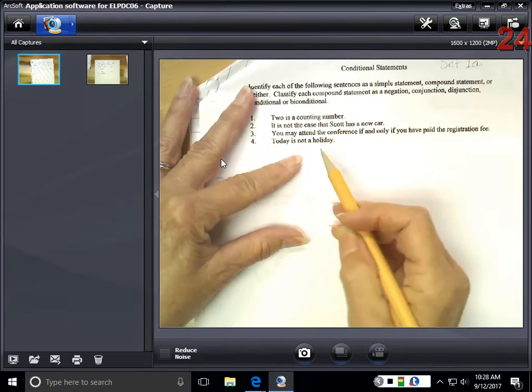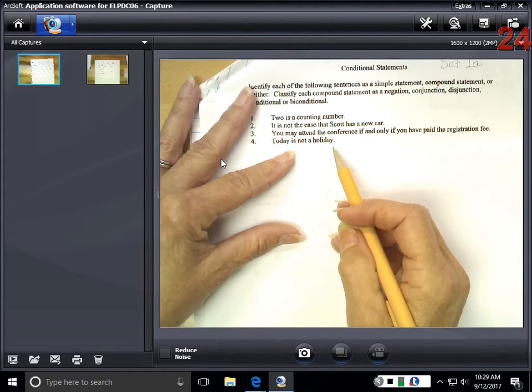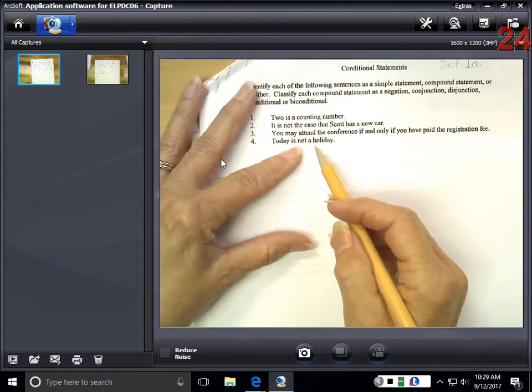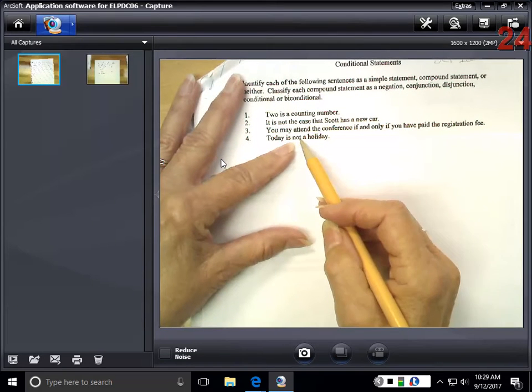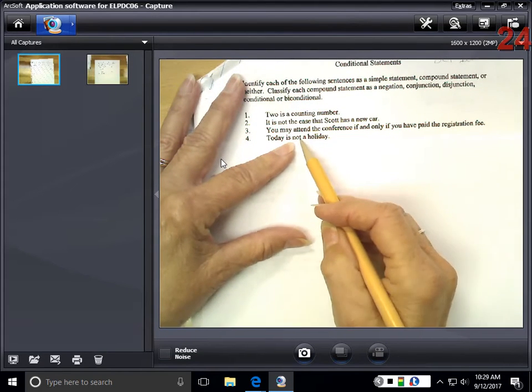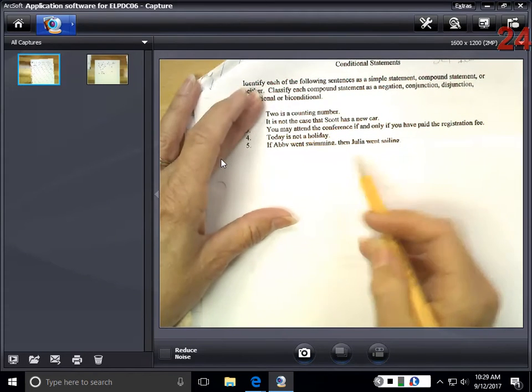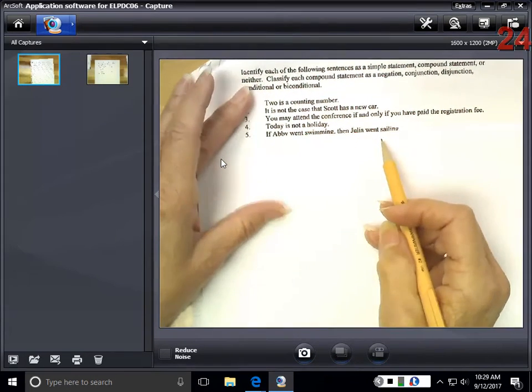Number 4, today is not a holiday. It has a not, so that makes it compound. Since it does have a not, it is a negation. So compound, negation for number 4. Number 5, if Abby went swimming, then Julia went sailing.